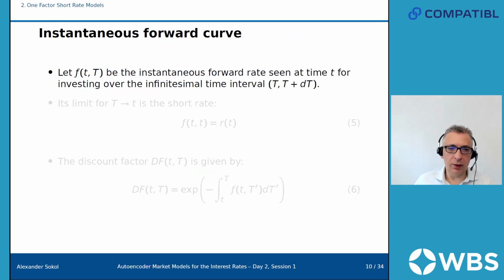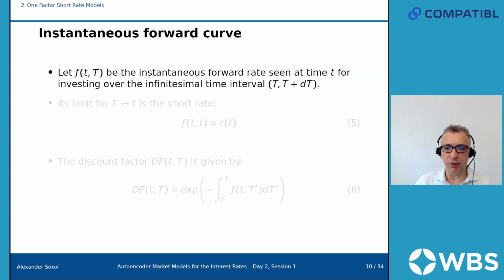Okay, so the instantaneous forward curve is the forward rate for investment over a future infinitesimal time period. The short rate is the rate of return for the immediate next period, right? So it's from today to tomorrow, or from now to the next minute, and so forth.